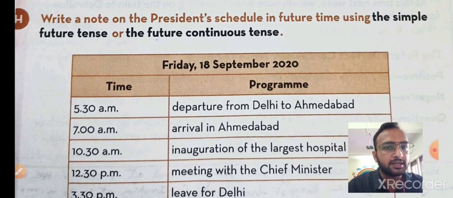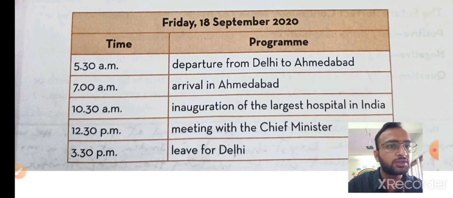That is, time 5:30 am departure from Delhi to Ahmedabad, 7 am arrival in Ahmedabad, 10:30 inaugurating the largest hospital of India, 12:30 pm meeting with the chief minister, 3:30 pm leave for Delhi.